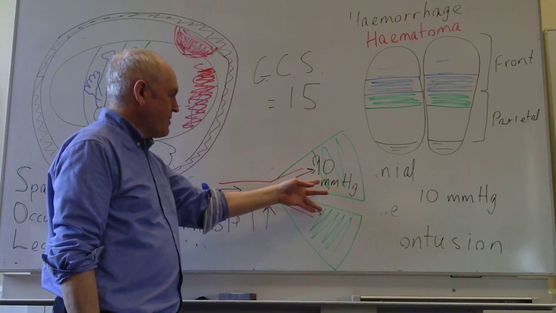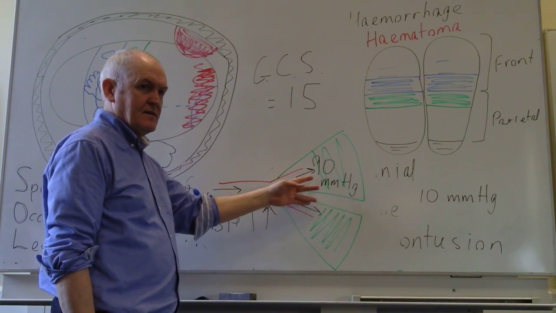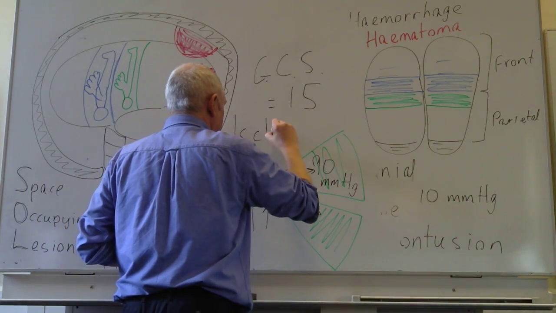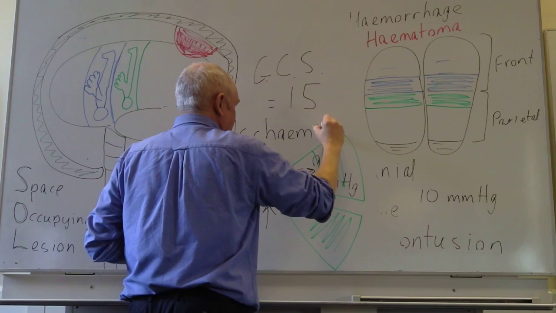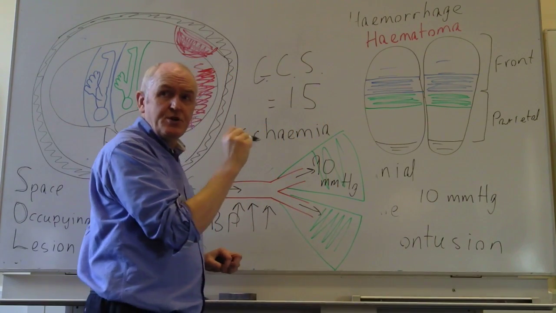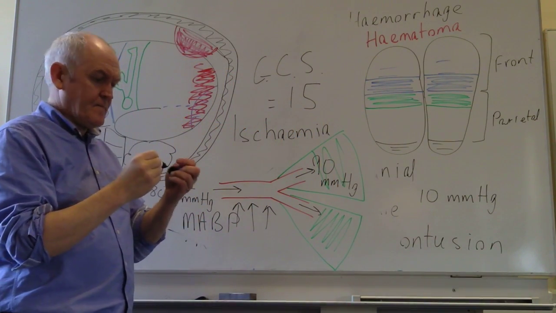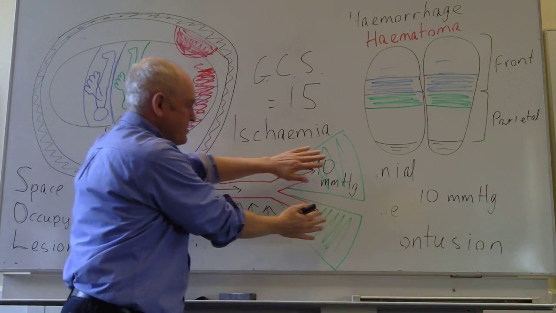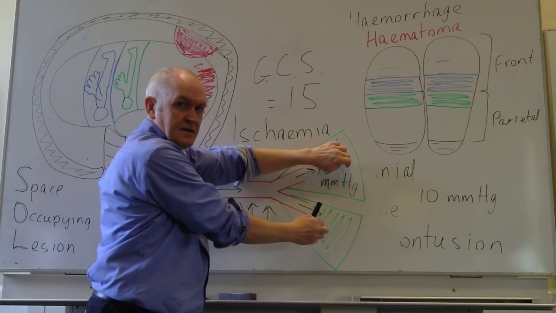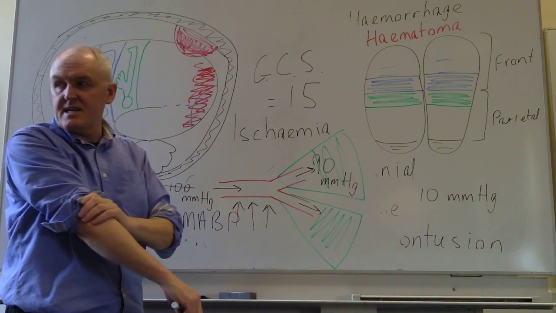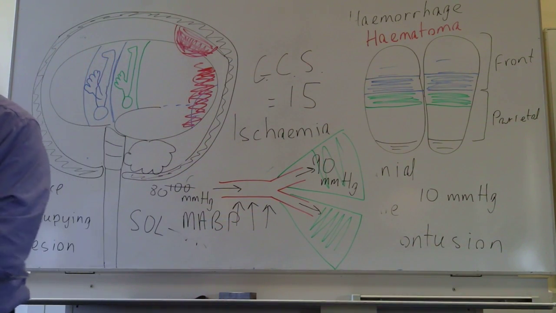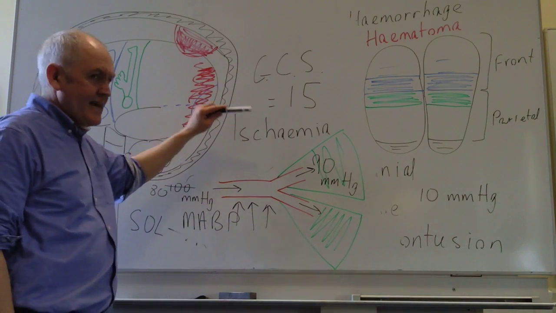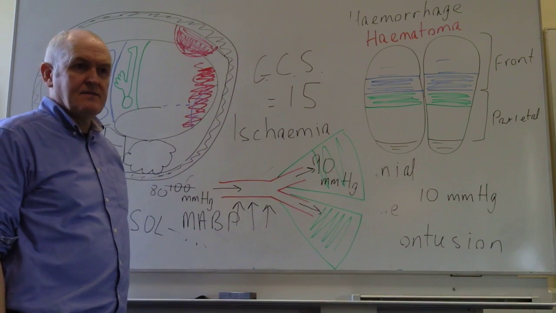the less blood will be getting to the brain. It'll be more ischemic. Remember, ischemia means a reduced blood supply, doesn't it? So the higher the intracranial pressure, the less blood supply is getting to the brain. There's going to be cerebral ischemia. The less blood supply gets to the brain, the less oxygen will get to the brain.